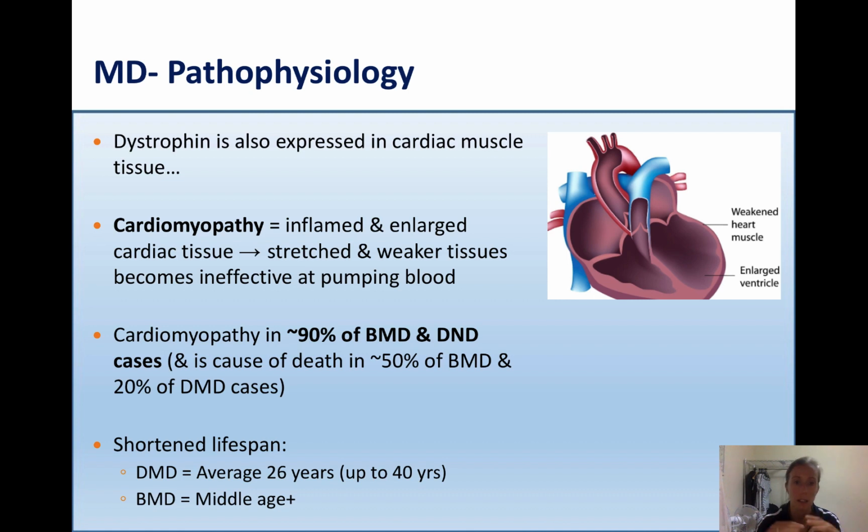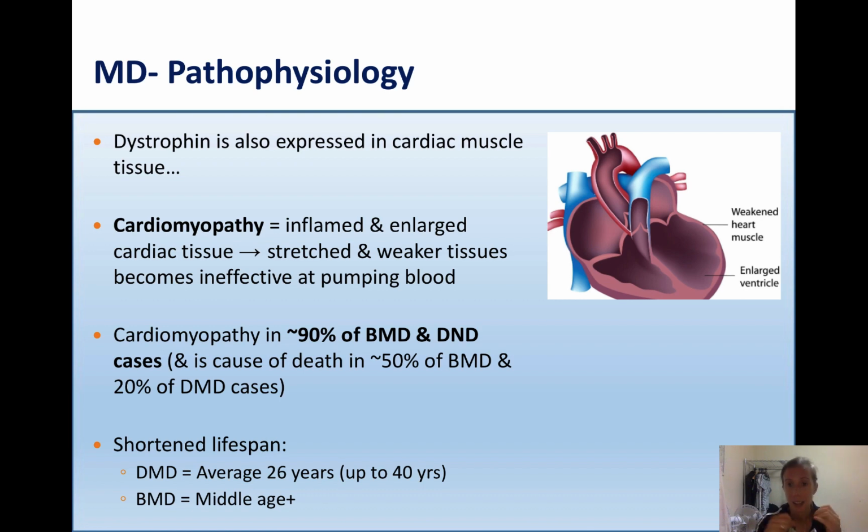So what's happening is the heart is becoming inflamed, it's becoming enlarged, the cardiac tissue is starting to stretch, and therefore we get weaker tissue. The pumping ability of the heart to pump blood around the body is a lot more inefficient and ineffective than it should be.